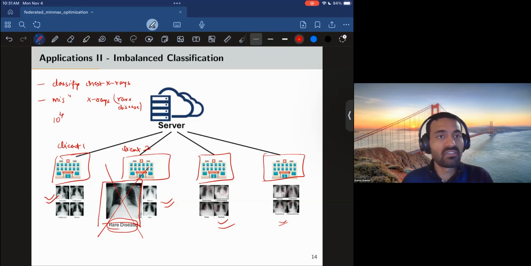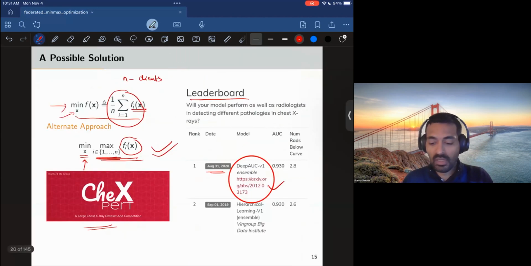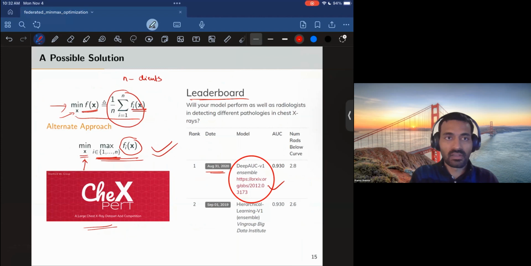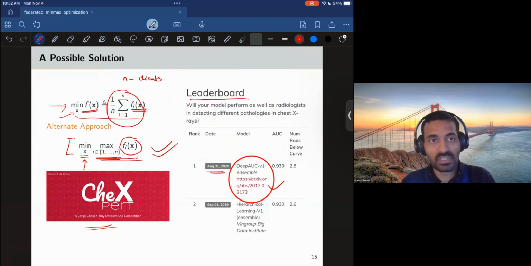If you misclassify one of them, your classification accuracy isn't affected much, but that patient might have very bad consequences. So rather than solving a minimization problem, which is essentially trying to maximize the accuracy, we go to a more sophisticated formulation, because we also care about not misclassifying.